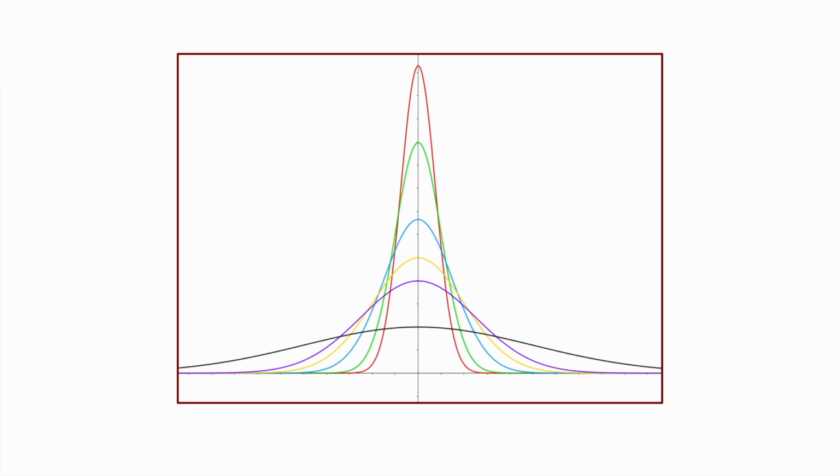The distinction between those curves is labeled as follows. We have red, whose standard deviation is 0.15, green, whose standard deviation is 0.2, and blue, yellow, purple, and black, whose standard deviations are 0.3, 0.4, 0.5, and 1 respectively.